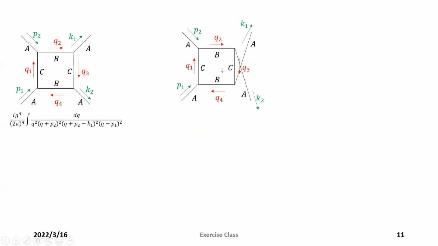And we have the second diagram like this. But this diagram is just exchanging K1 and K2. So we can just replace all the K1 by K2.